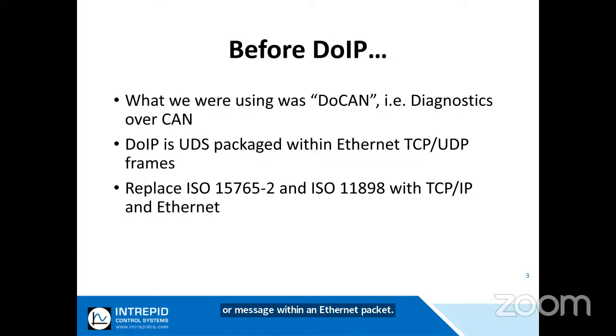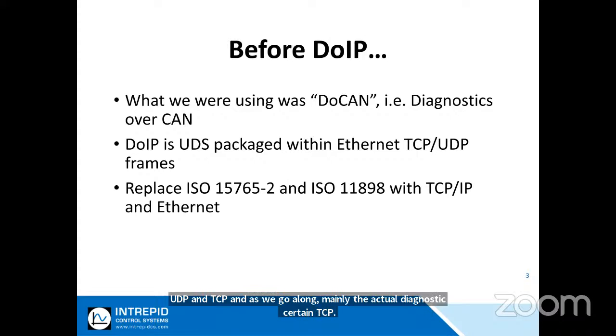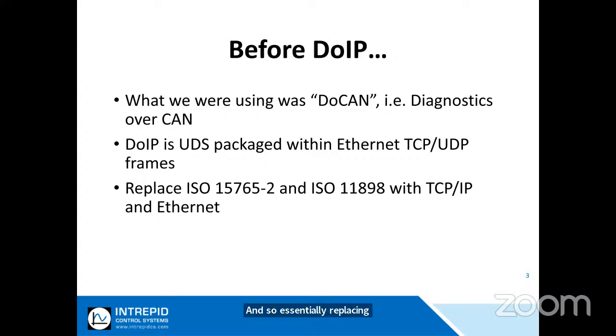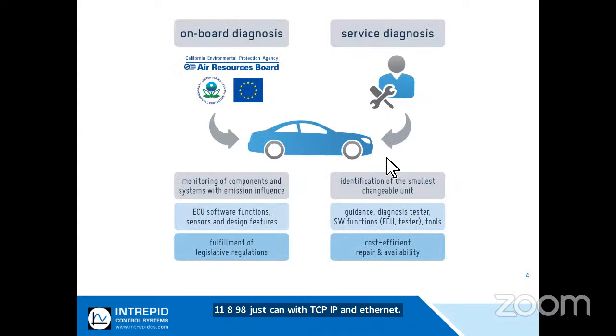But we'll talk about what parts are UDP and TCP as we go along. Mainly the actual diagnostics are in TCP. And so essentially you're replacing your ISO 15765-2 or long messages for flashing and ISO 11898, which is CAN, with TCP IP and Ethernet, okay? So that's a simple way to state it.